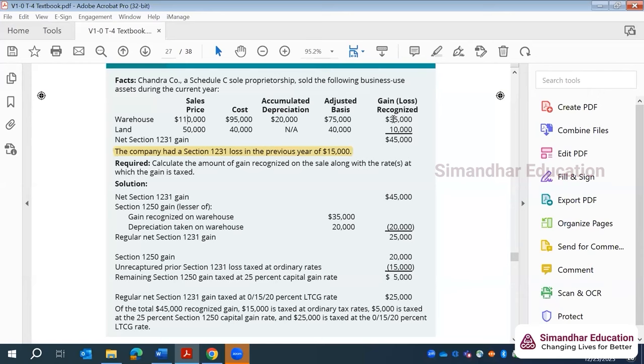Why are we saying that it is going to be a Section 1231 gain? Let's assume that there is no look back of 15,000. Why are we saying that the $10,000 is going to be my Section 1231 on the warehouse?